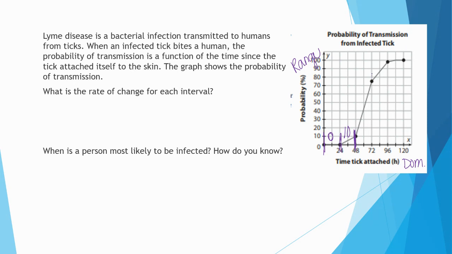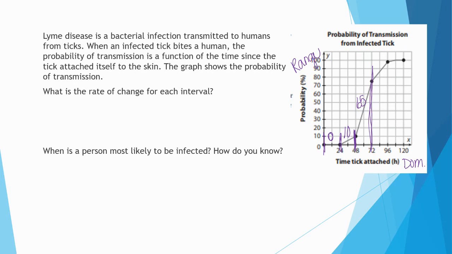Our third interval is the third day from 48 to 72 hours, and you can see that there is a drastic increase there from 10% all the way up to 75%. So that is a 65% increase or rate of change over that third day.